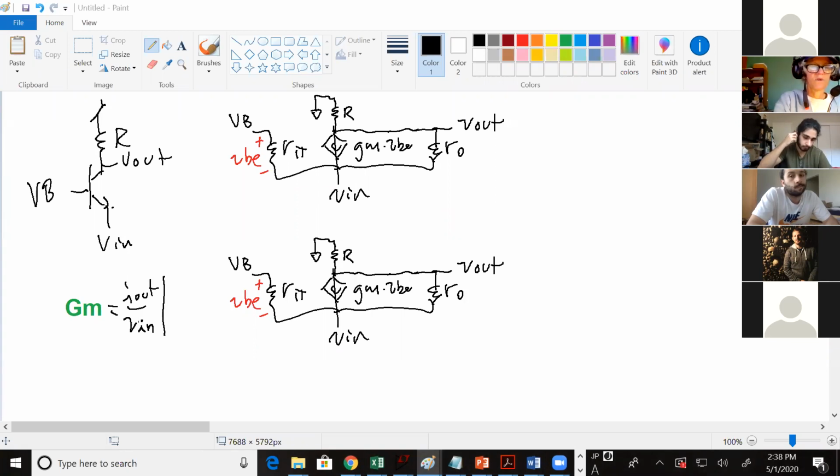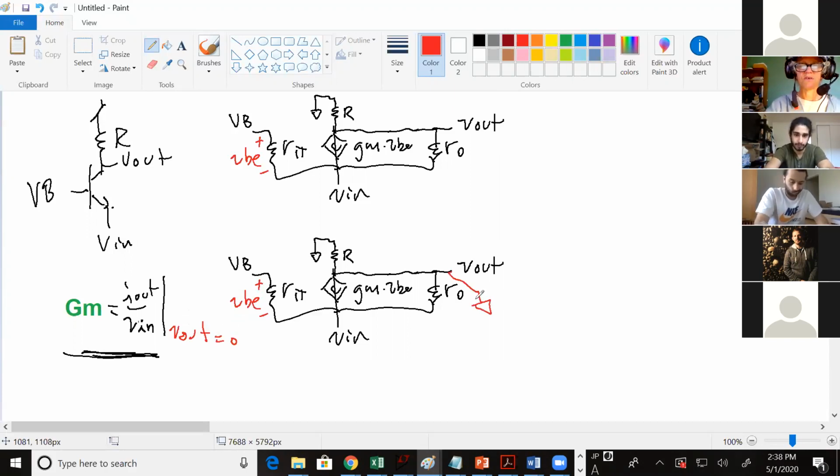It depends more on this right here. So for GM, it uses I out. So it's the current. If we're doing GM, what's the simplification you get to do with the 2-port rule? V out is 0. So let's do that. V out is 0. And now for GM, this is taken as the positive direction.